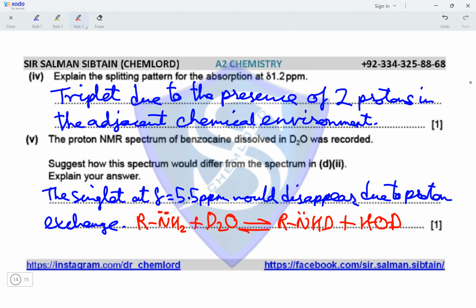So the two protons attached to the nitrogen atom are labile protons. Even if one of them is substituted or exchanged for a deuterium atom, the peak at 5.5 parts per million chemical shift value would disappear.